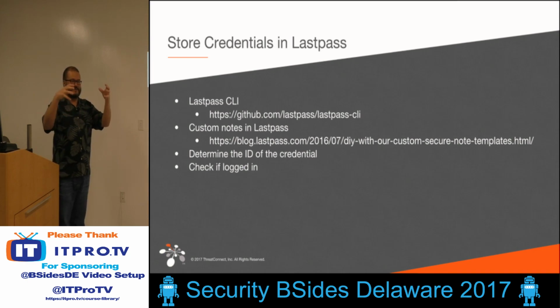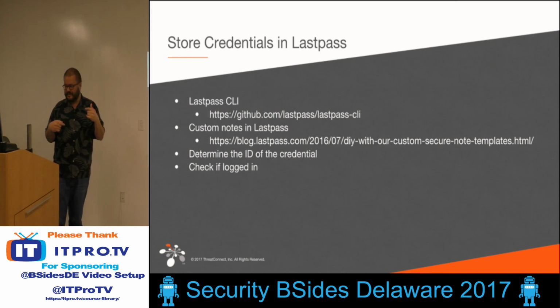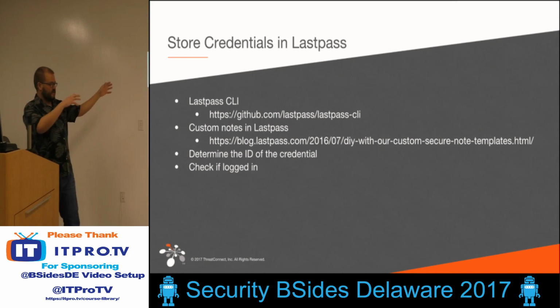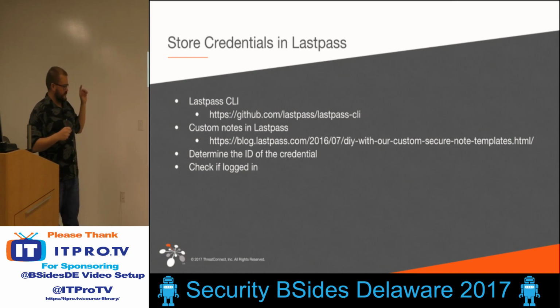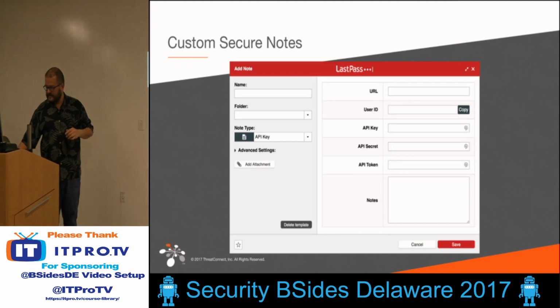Never bake credentials into your code. Bad idea. So this is a way that I've found to make it a little bit safer and easier to use credentials, have it all work, but have them safe and not actually baked into the code itself. So this is all based on custom secure notes.